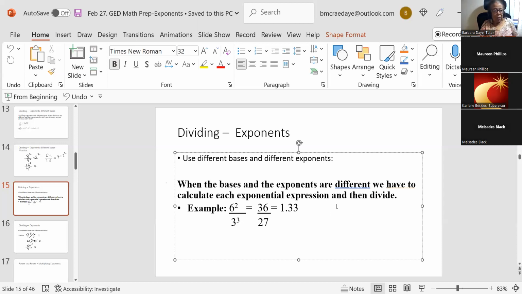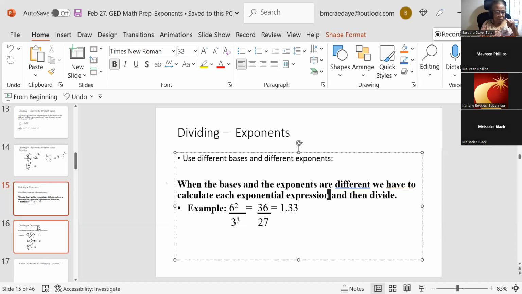So when the bases and the exponents are different, Mercedes, that's the rule you used on the multiplication before, where you said evaluate. So now you know when the bases and the exponents are both different, you evaluate both exponential expressions and then do the division.